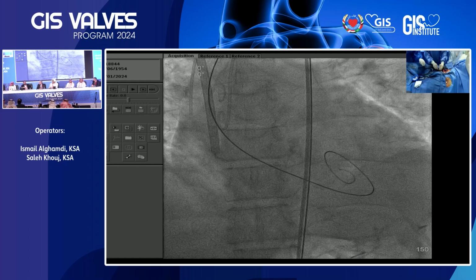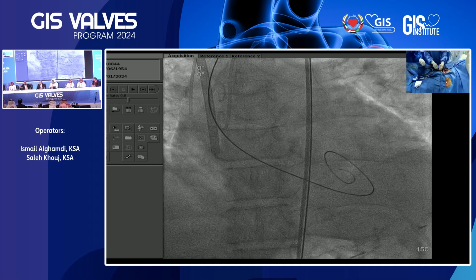But again, I'm emphasizing the point that Dr. Ziad was just highlighting. There are two uses of the balloon. One is pre-dilating, as in most bicuspid cases. The other one is using the balloon for sizing, which the operators, I think, were not intending to use. They were planning ahead to use a 29 valve.